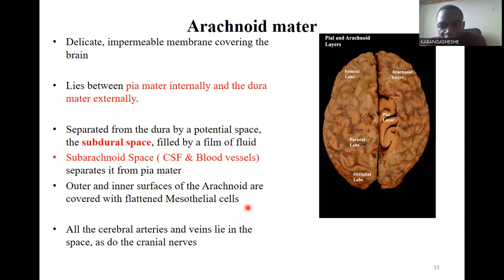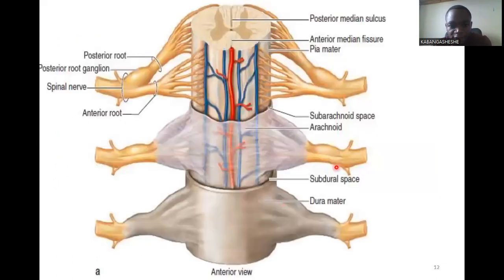Then another key takeaway is that between the arachnoid mater and the pia mater is the subarachnoid space where cerebrospinal fluid is found and blood vessels running in and out of the brain are found. So nothing more special about it other than that. This is arachnoid mater, subarachnoid space, cerebrospinal fluid plus blood vessels.